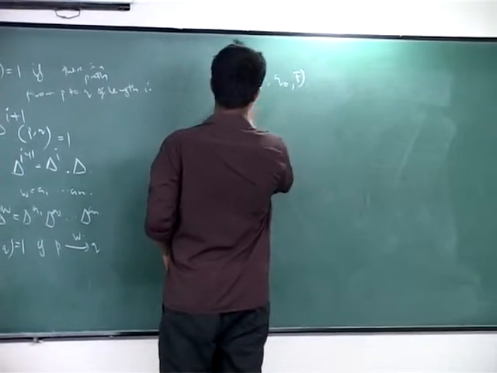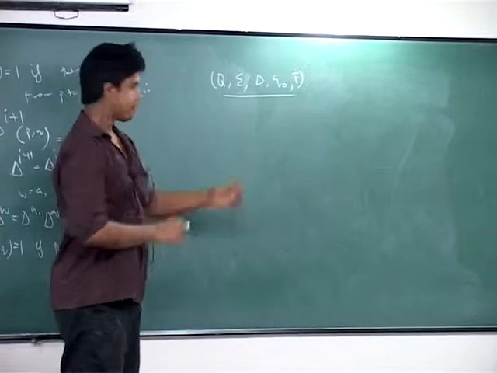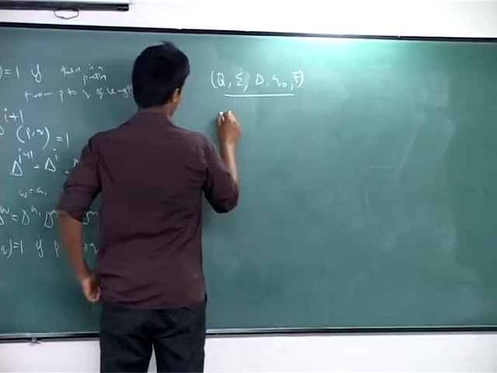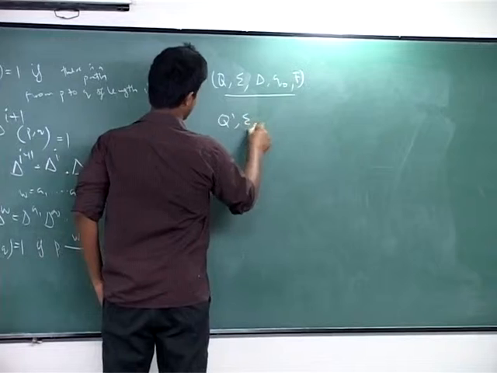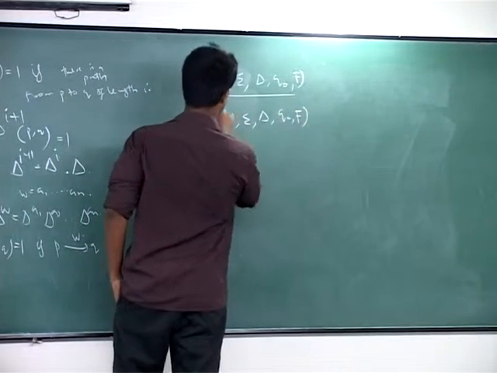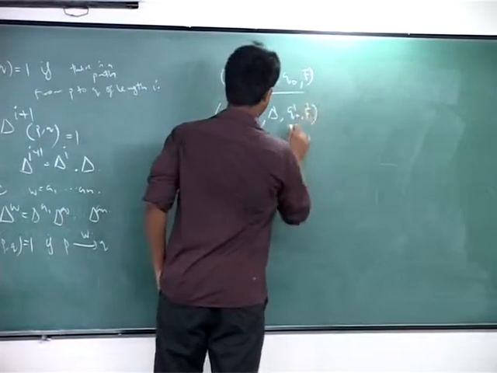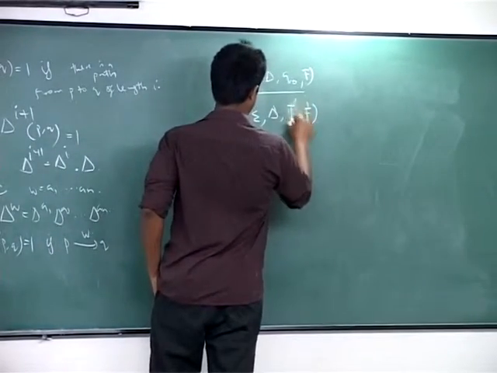Suppose this is our automaton, for which we want to find the half of L. Now my new automaton will be Q', Sigma, delta', q0', I' and F'.